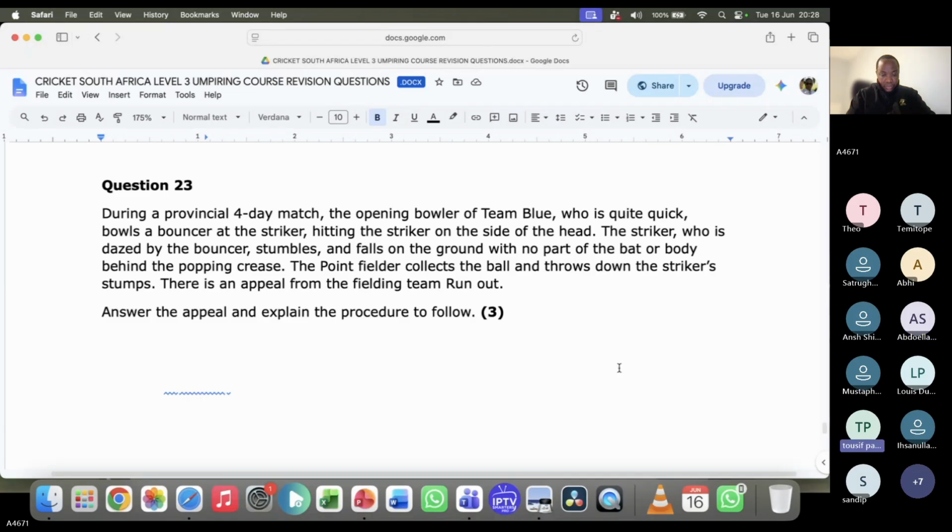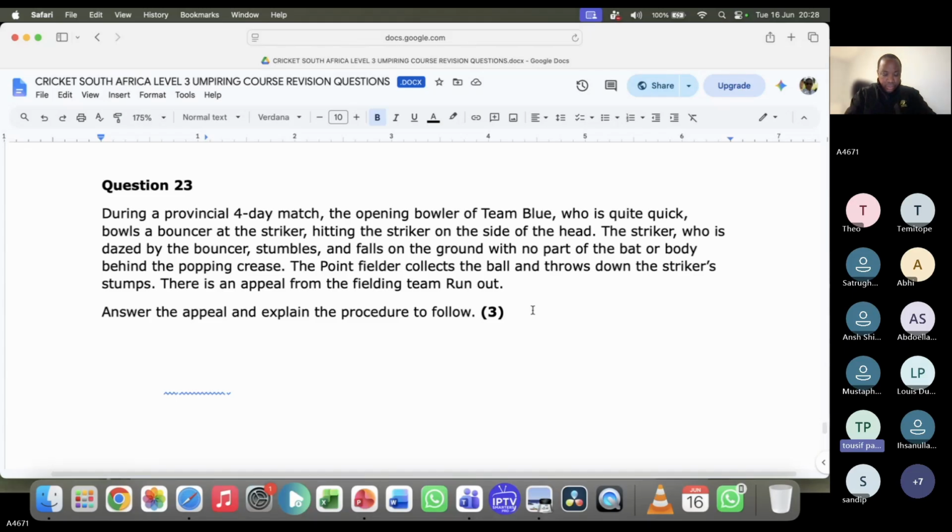Thank you, Abdullah. In this scenario, batter is not out, run out, because in the law saying any fielder or batter get hit the ball on the neck and batter is injured, ball become dead immediately. In this scenario, batter is feeling dizzy and fell down.